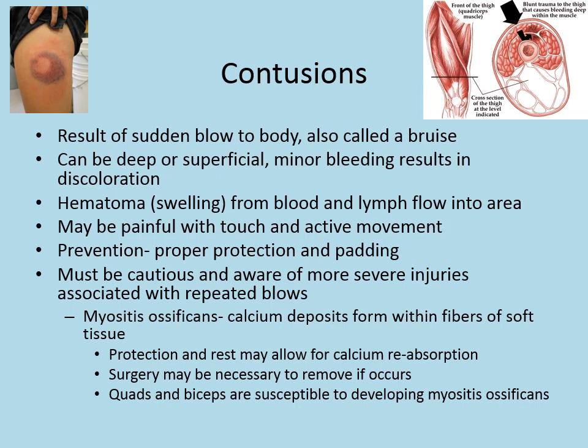Usually with myositis ossificans, it doesn't show up for several months after the original contusion had occurred. The quadriceps in the thigh and the biceps in the arm are most susceptible to developing myositis ossificans, but it is possible in other muscle groups as well.